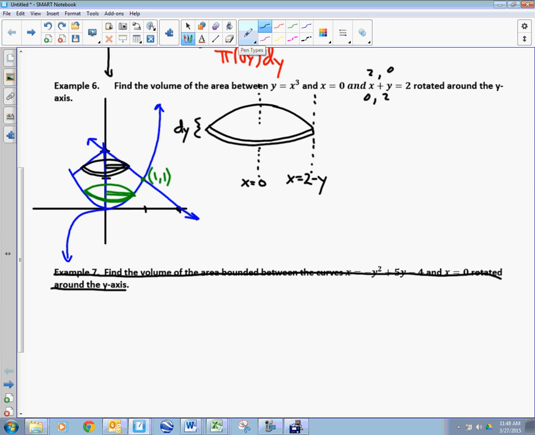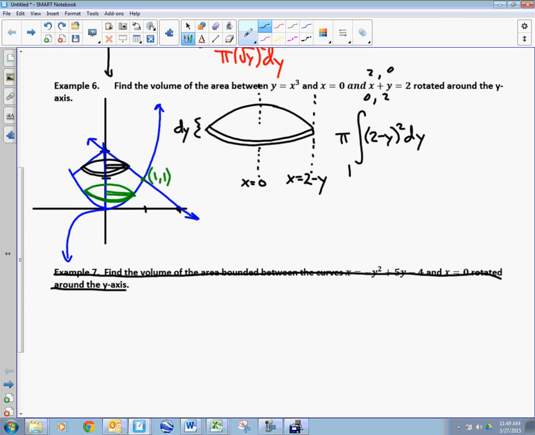So that has to be, all right. We set up the integral. Pi times my radius, 2 minus y squared dy. What is the lower bound? 1.